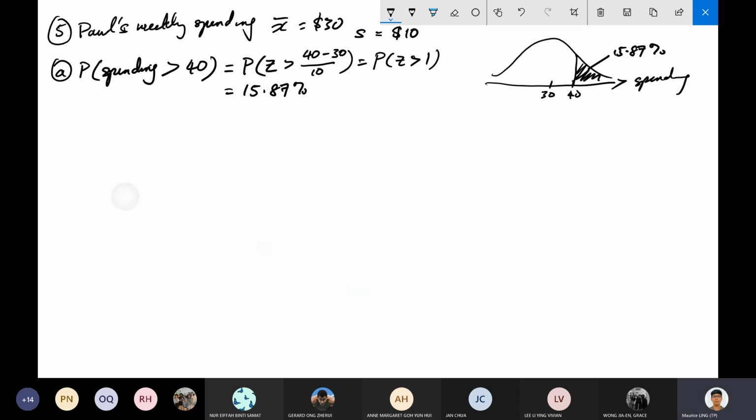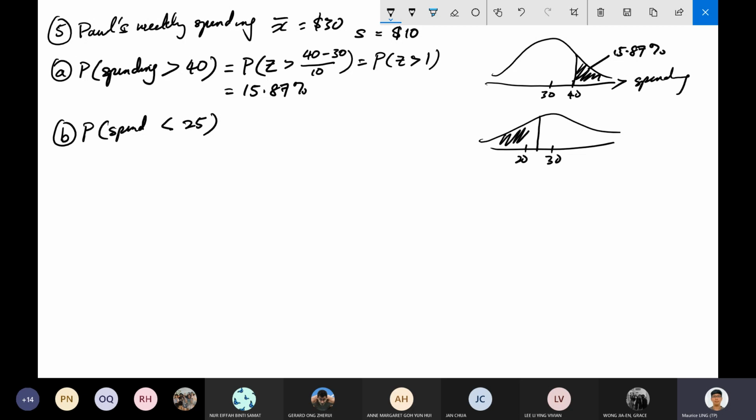All right. So question B asks you what is the probability that he will spend less than $25. So same thing, if you draw it out, this is 30, here is 20. So for the probability of spending less than $25, you want to find this area.